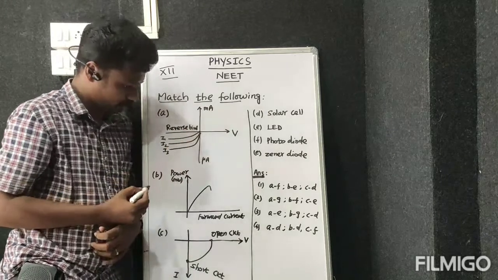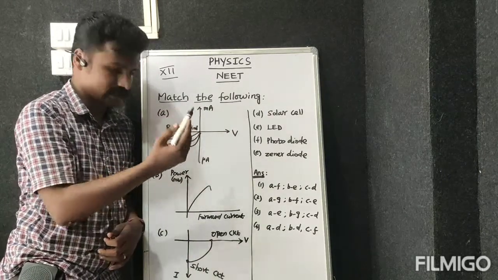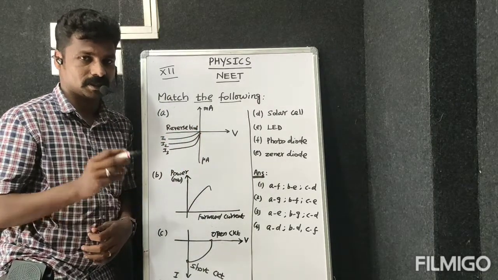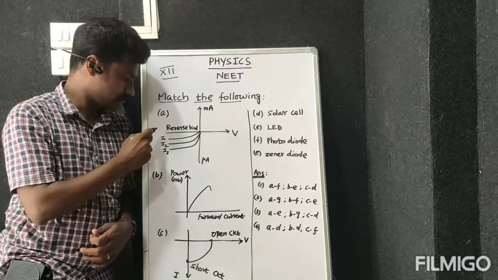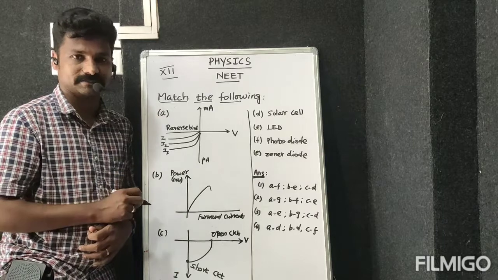So here, side A, we can say the left side and right side, like one tabulation is given. In this tabulation, A, B, C, like that, 3 graphs are given.